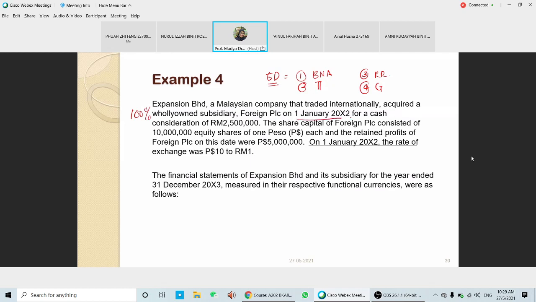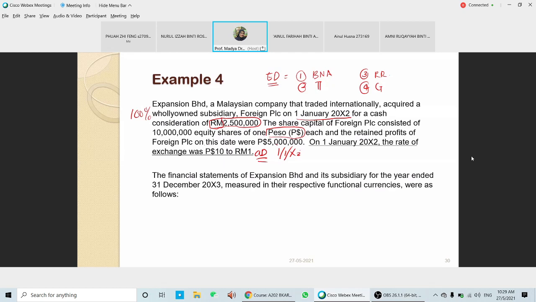So the acquisition date was 1st of January X2, at a cash consideration of 2.5 million ringgit Malaysia. The share capital of this foreign company consists of 10 billion equity capital of 1 peso each. This one is in a foreign currency. And the retained profit was 5 million.